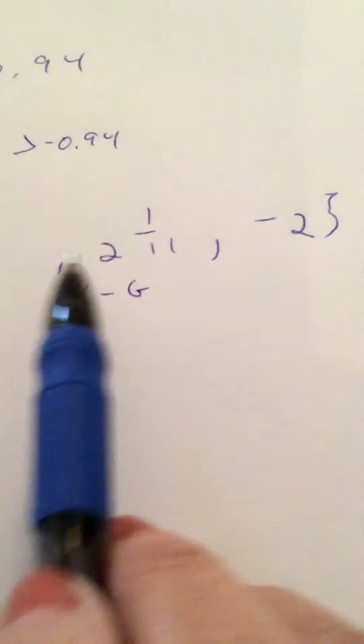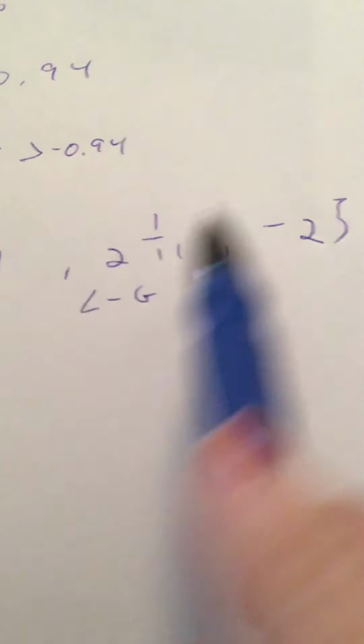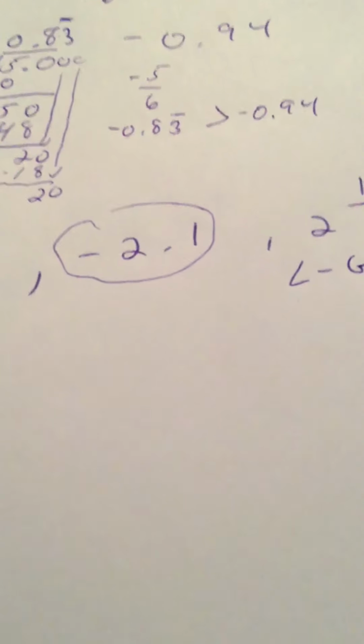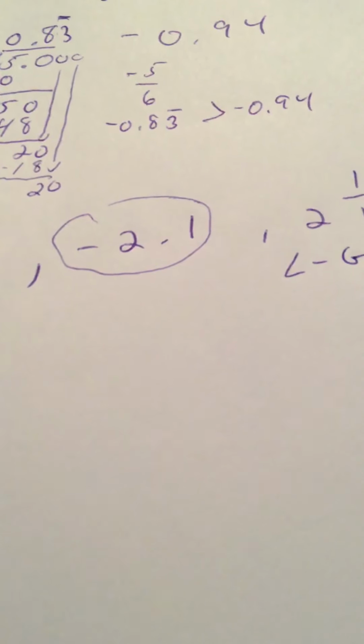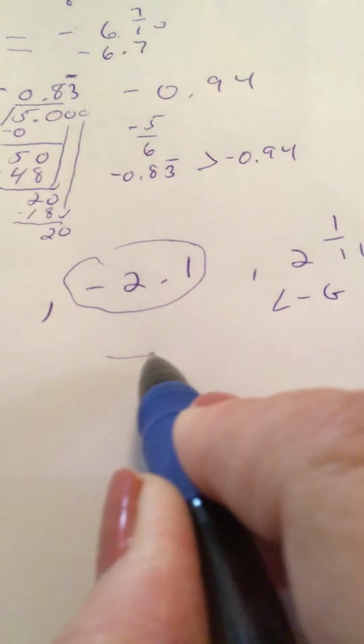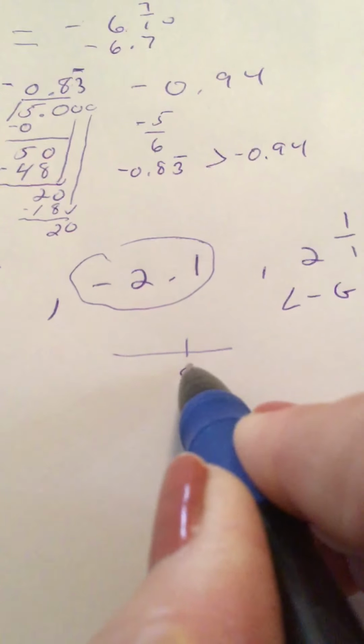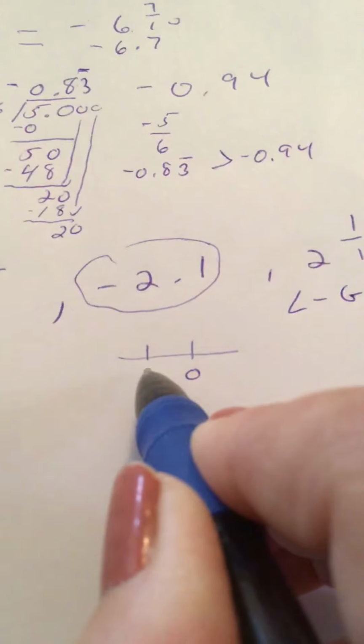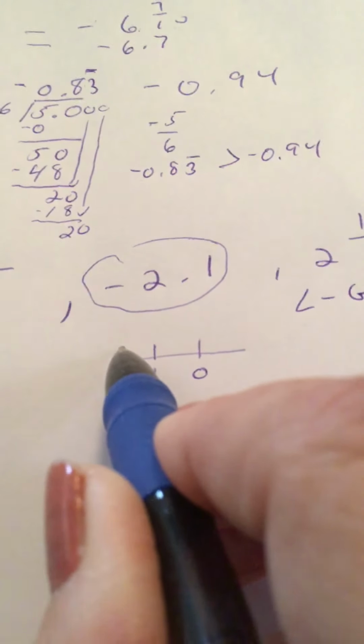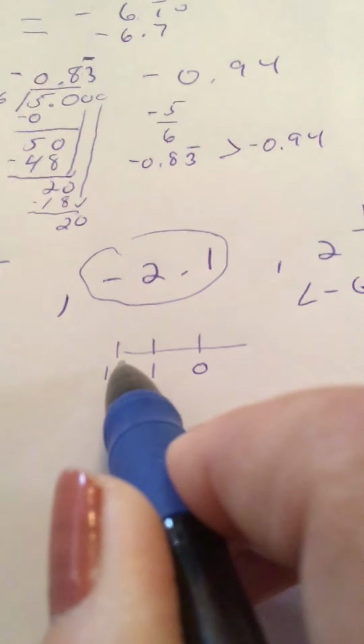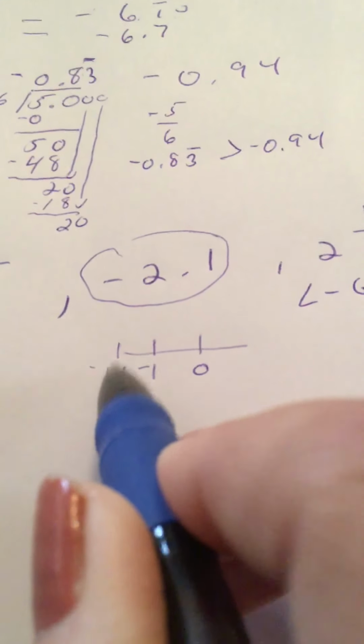Let's look at just the smallest numbers. My smallest numbers are going to be my negatives. Negative 2 and my negative 2.1. Okay? But between the two, I'm looking at a number line. And if I needed to draw a number line, here's 0, here's 1, here's 1.1, and these are all negatives.